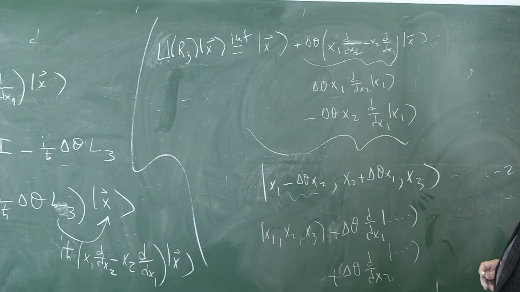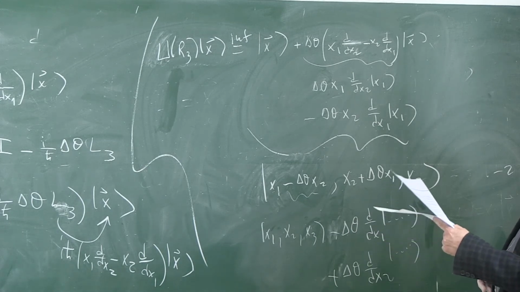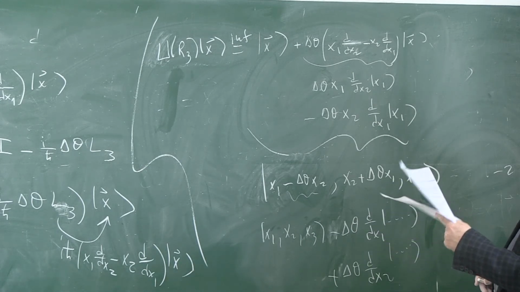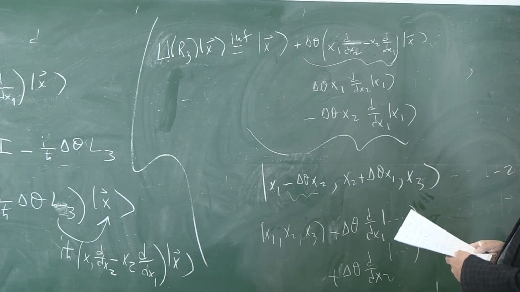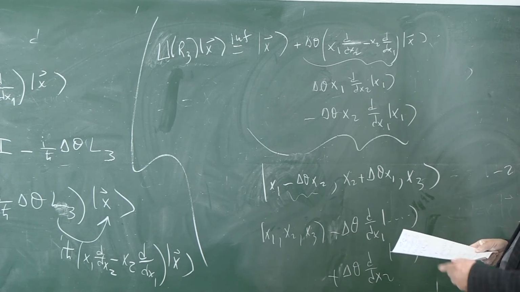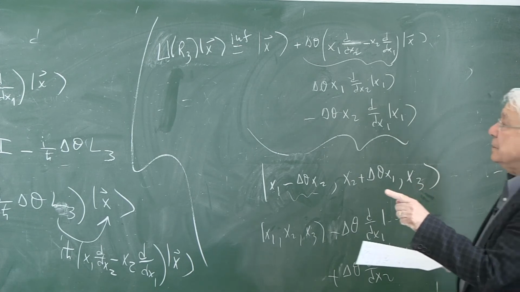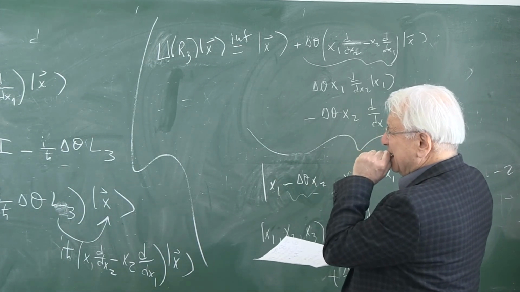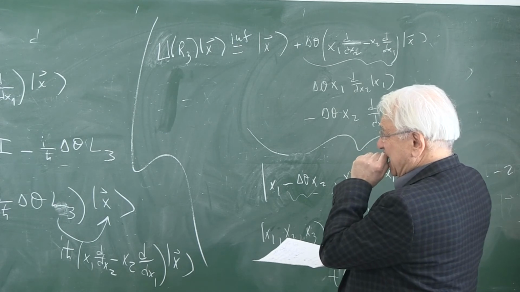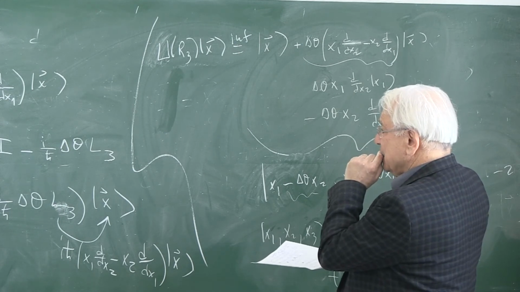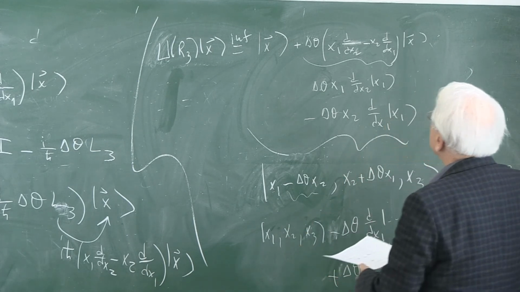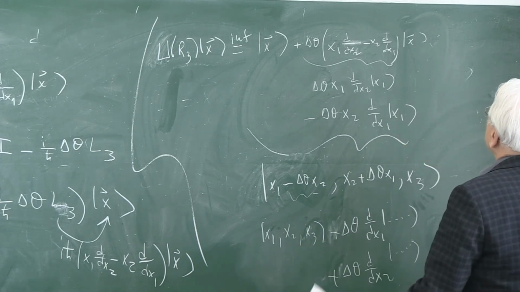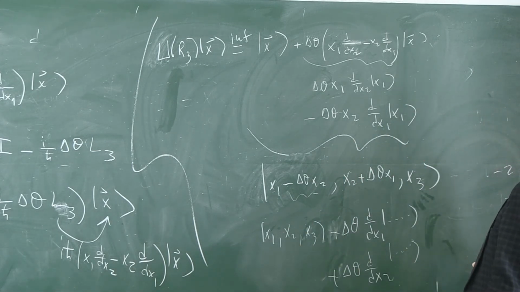What's wrong with the signs? I've taken it to be minus, and the derivative is with plus, minus, and minus became plus. Second is plus, the first is minus.